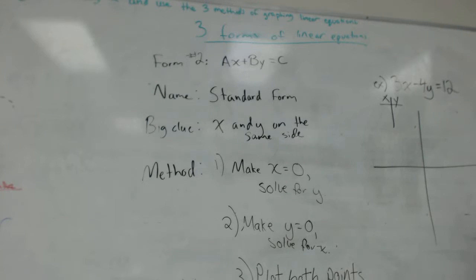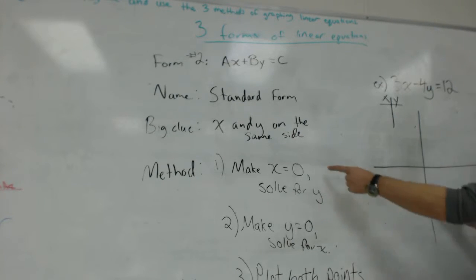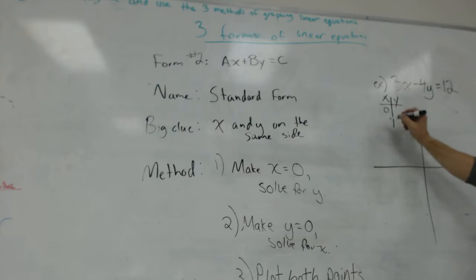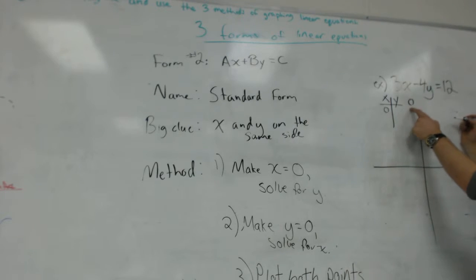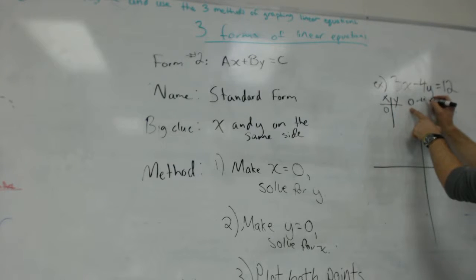So the first step says make x 0. So if x is 0, then I rewrite my equation with x being 0. That means 0, because 3 times 0 is still 0. Minus 4y equals 12.